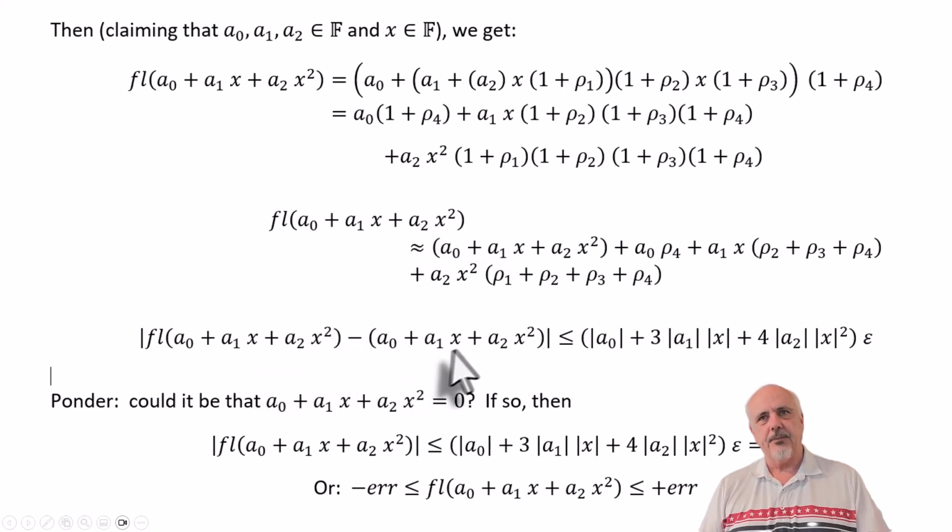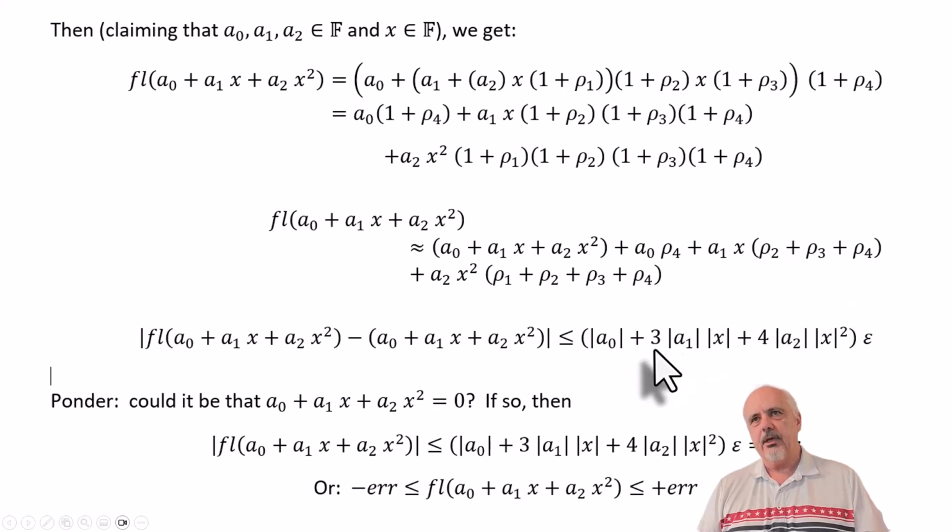So now that's my absolute error, okay? And then I'm going to remember that my a0 row 4 is going to be less than a0 epsilon. I'm going to remember that my a1x, I've got row 2, row 3, row 4. Each one of these is less than epsilon.